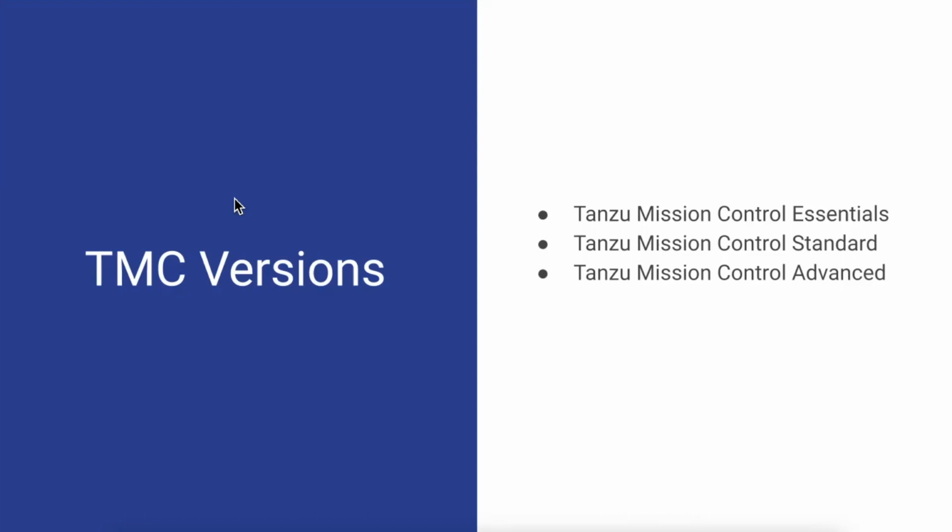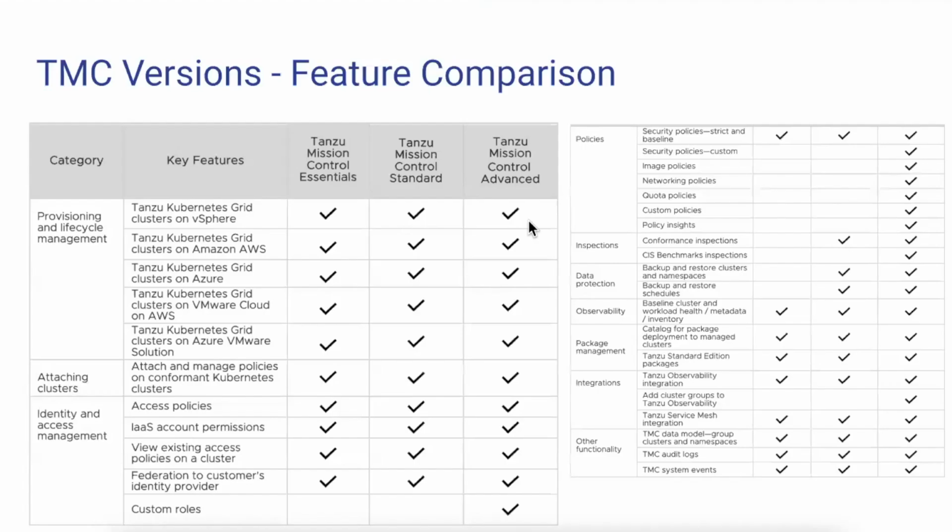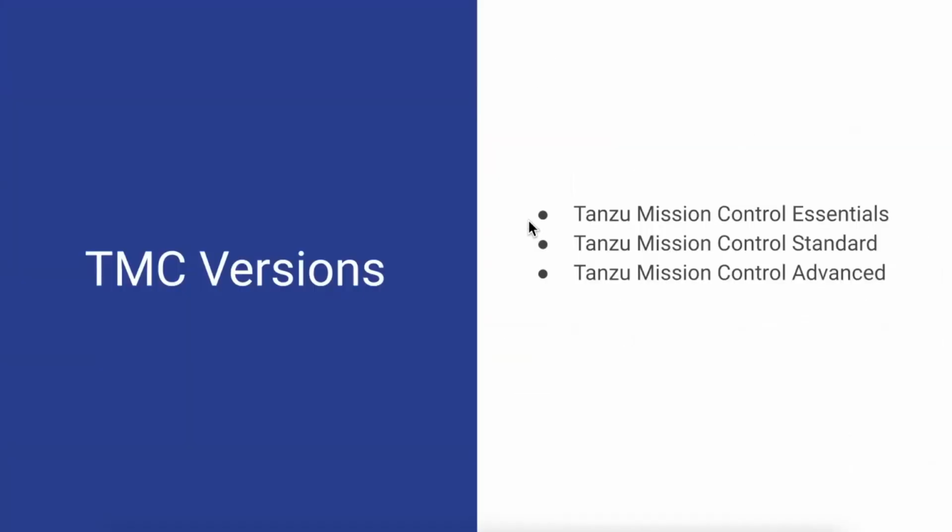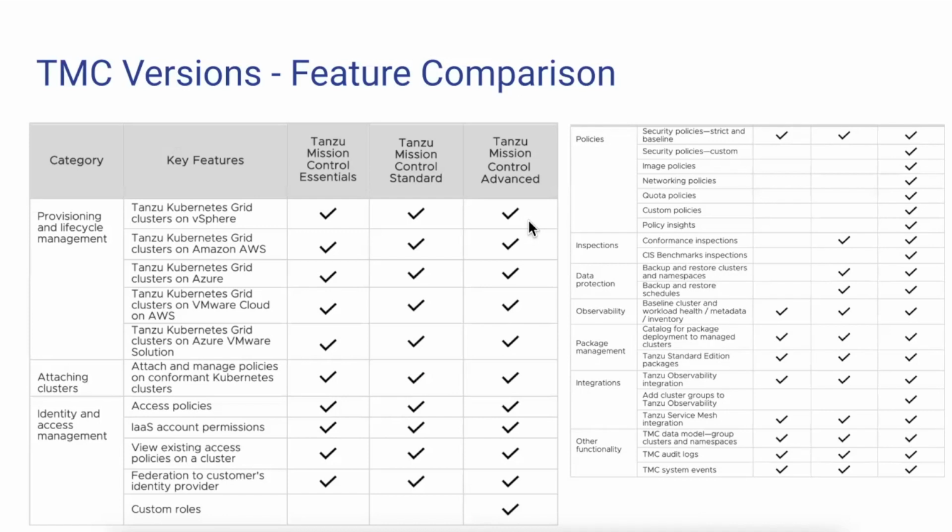And there is a page where you can register to get it when it is available. But these are the three versions which are supported today: Tanzu Mission Control Essential, Standard, and Advanced. So this is what I'm going to quickly talk about.